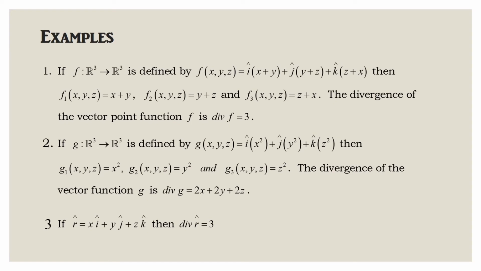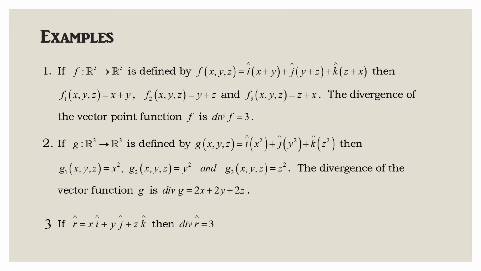As soon as a vector field is given, we need to write its component functions. For this vector field, the component functions are f1 of x, y, z equals x plus y, f2 of x, y, z equals y plus z, and f3 of x, y, z equals x plus z.